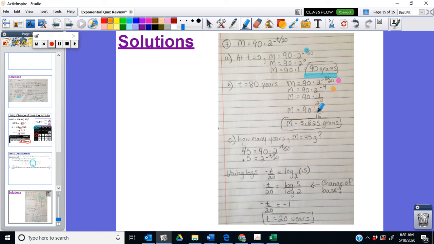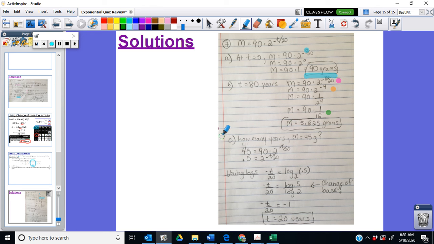And what's 1 over 2 to the 4th power? That's 1 over 16. So once you apply that final exponent, what's 90 times 1/16? That's the same as 90 divided by 16. And you get 5.625 grams. Feel free to write it in 3 significant figures as 5.63 grams.